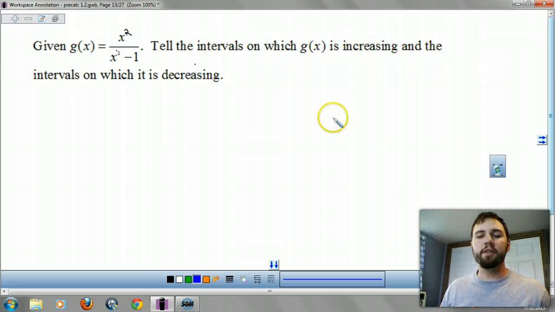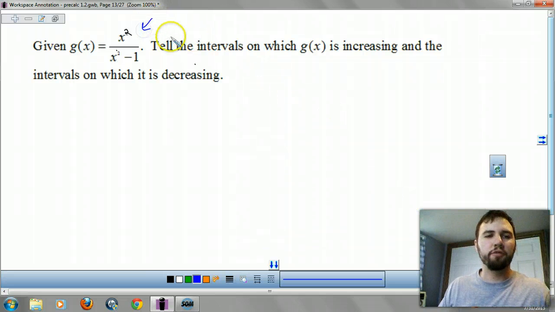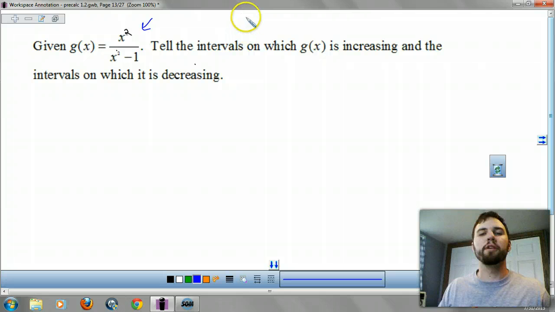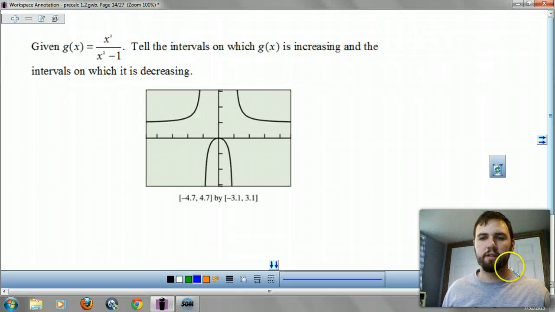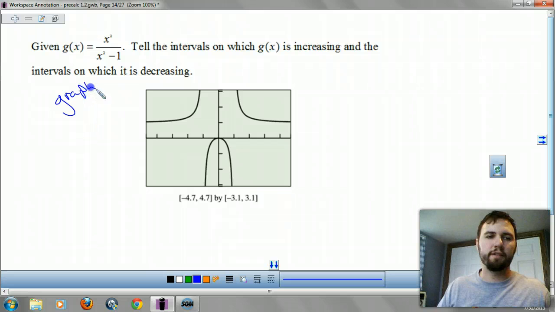Given that we have x squared over x squared minus 1, tell where it's increasing and where it's decreasing. Let's take a look. Here's what you do. You graph it. By the way, guys, all examples are noteworthy.